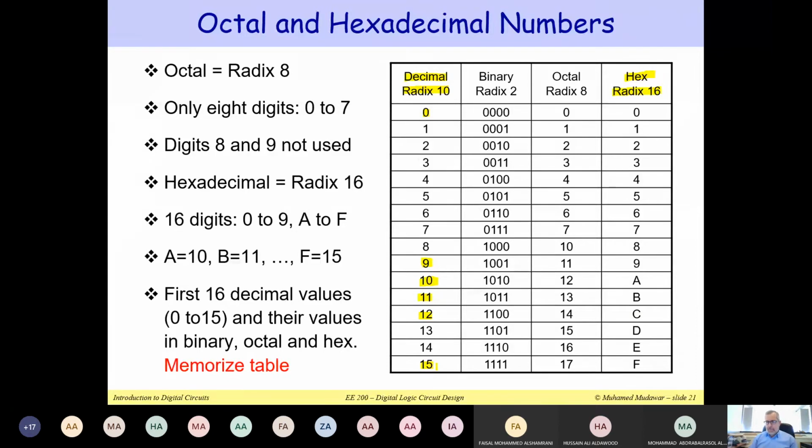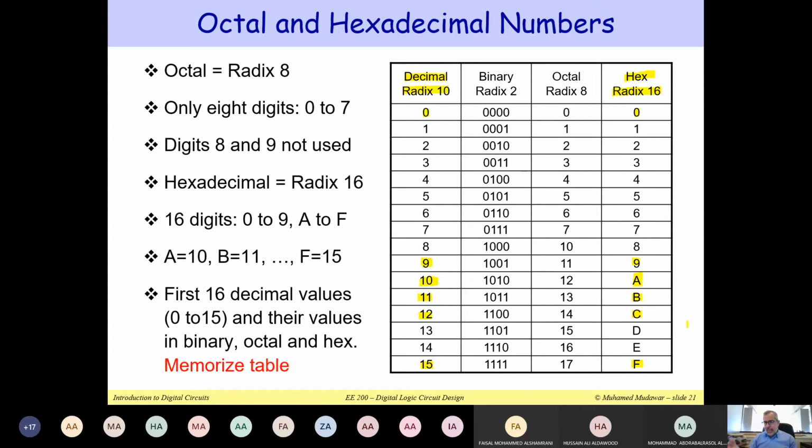In hexadecimal, you can actually write 10 as A. Now notice that in hexadecimal, the first 10 digits from 0 to 9 are identical to those which are used in decimal. But 10 becomes A, 11 becomes B, 12 becomes C, and 15 becomes F. These are 6 extra digits that we use in hexadecimal because we must have 16 digits.